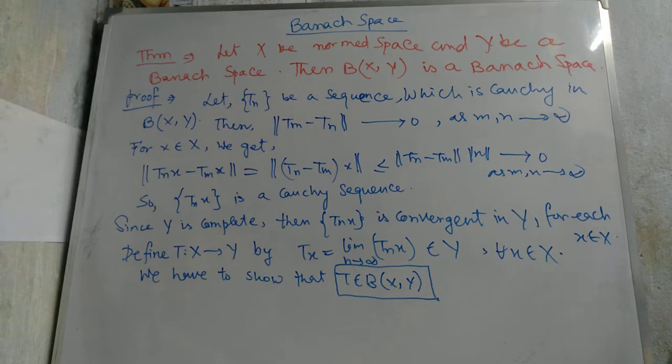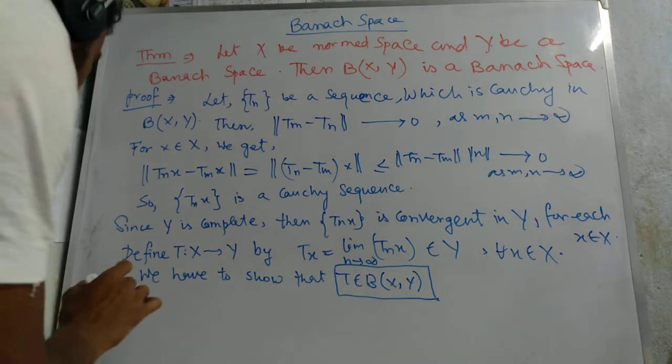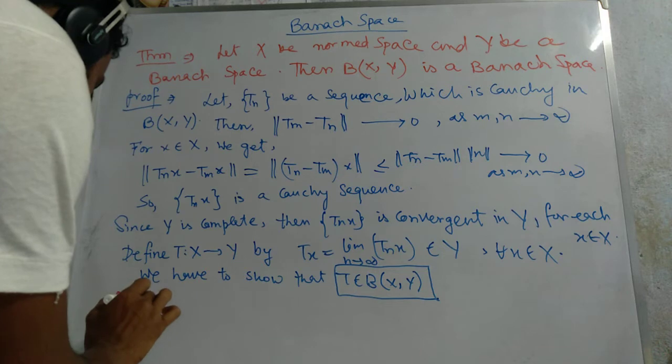That means Tn converges to T and this T belongs to B(X,Y). Then B(X,Y) is a Banach space. How do we see T belongs to B(X,Y)? First, we show the linearity of T.